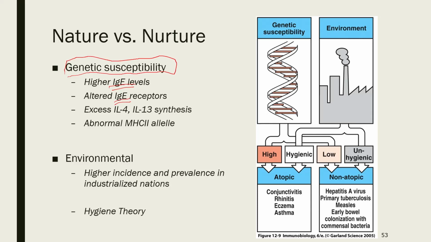We know they bind very tightly, those Fc epsilon receptors, and we could have even tighter variations, or excess IL-4 and IL-13 synthesis. What do those lead to? Those lead to more Th2 helper cell development and more IgE. So they're all linked together. Or a slightly abnormal MHC class 2 allele could also be the case.